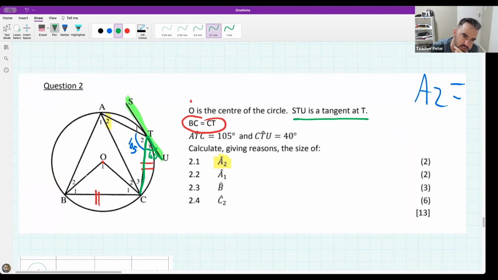So there's a tangent, there's a chord, and there is that one. So what is A2 going to be? Pop your answer in the chat. It has to be 40, yes.